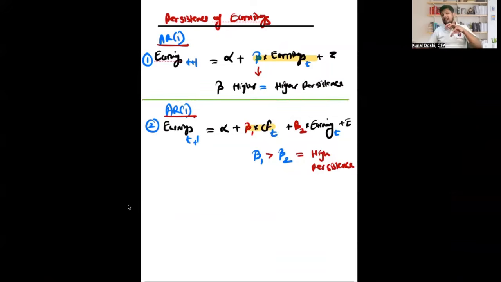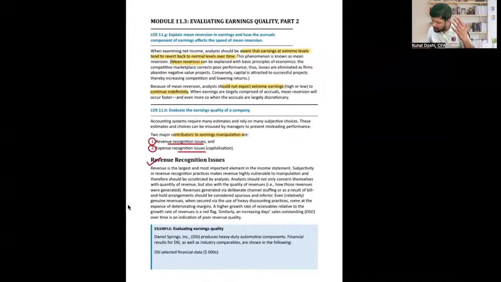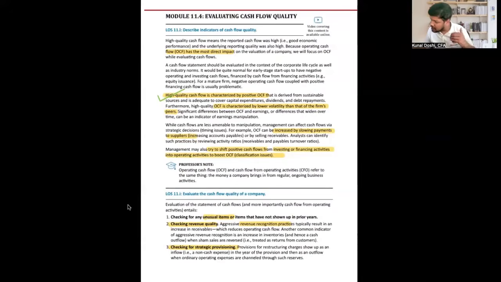In the AR(1) model with cash flow and accruals, if the majority of my earnings are dependent on cash flow, that means beta 1 should be higher, and then I will say there is higher persistence of the earnings. Clear, everyone? Correct. The rest of this topic is quite theoretical. You can go through that, which is based on your general knowledge.